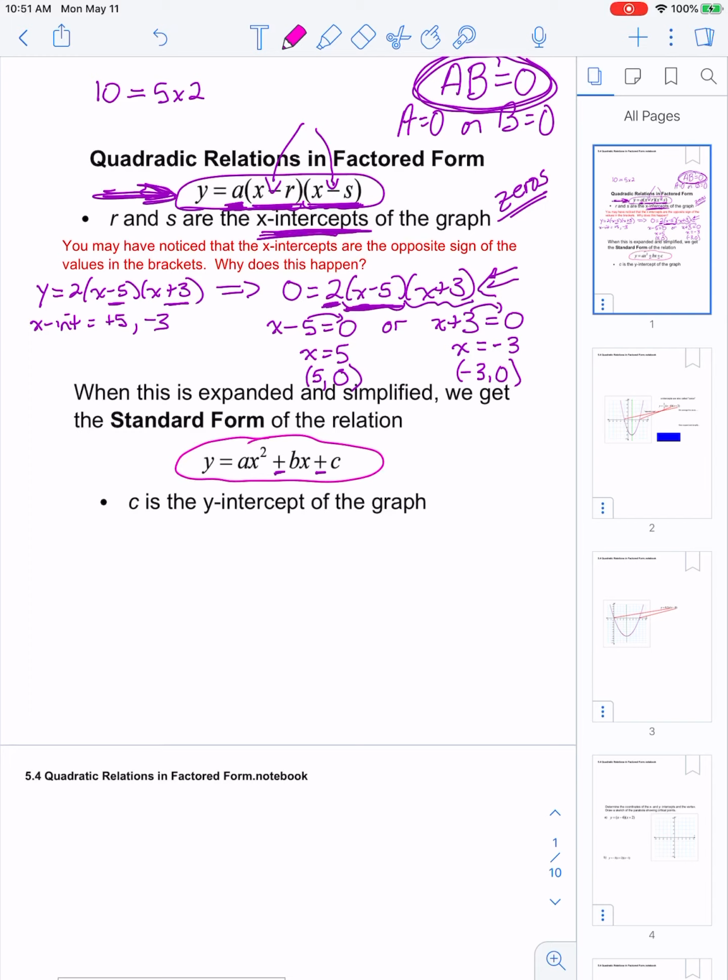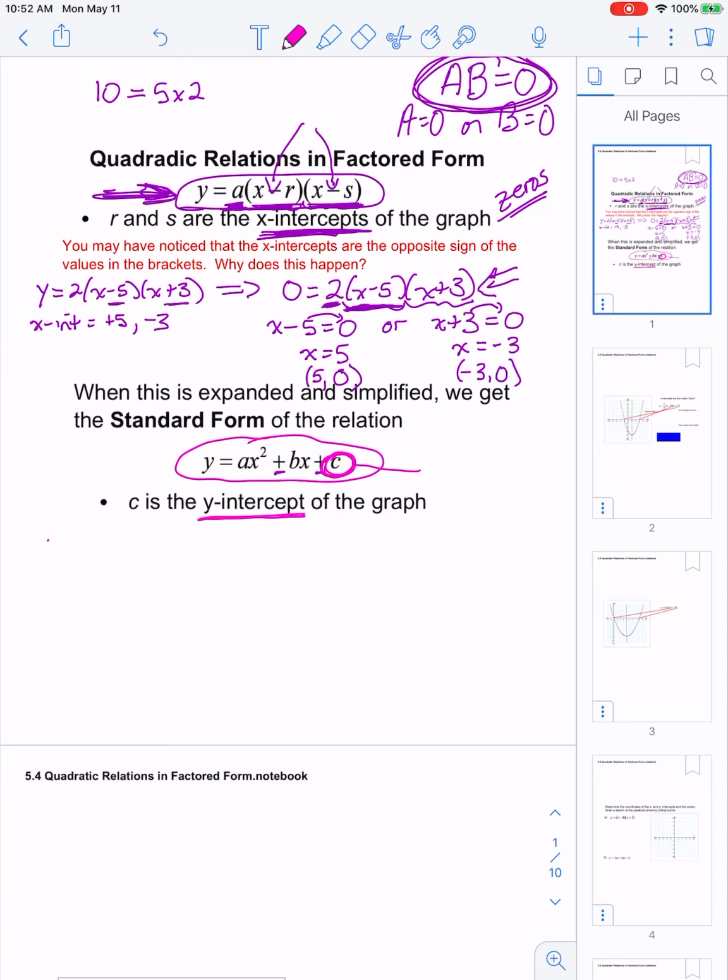You should have learned by doing that matching activity that the c value in standard form is equal to the y-intercept. Why does that happen? Well, let's go back to linear relations. If you want to know where the y-intercept is, you let x equal 0.